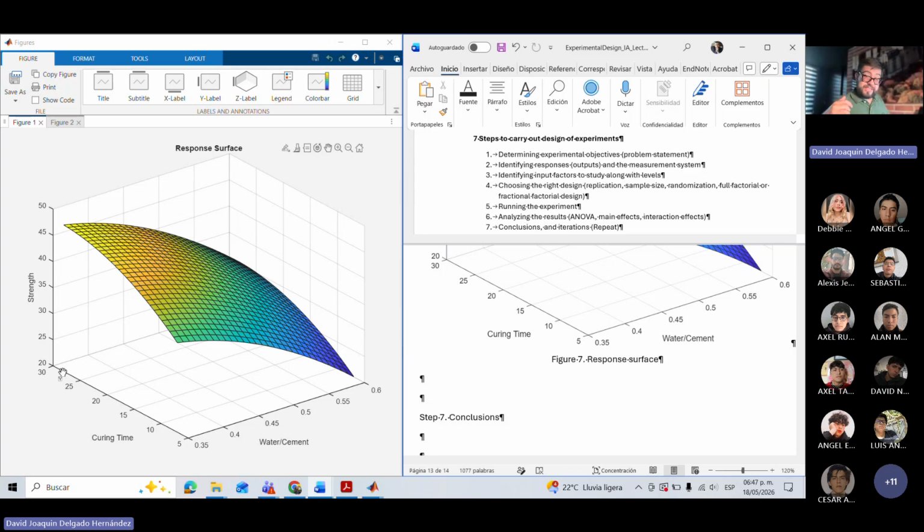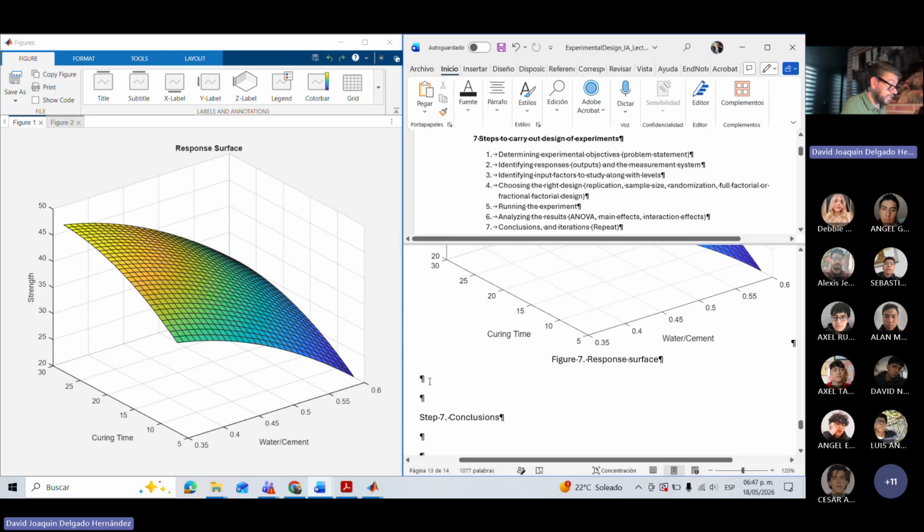So that means that if you use a great quantity of cement, but you start adding water constantly, one day and the other, until the day number 28, this concrete is going to be a very strong concrete, a very good design. Okay, that is the result that we are getting from this analysis of this experiment.